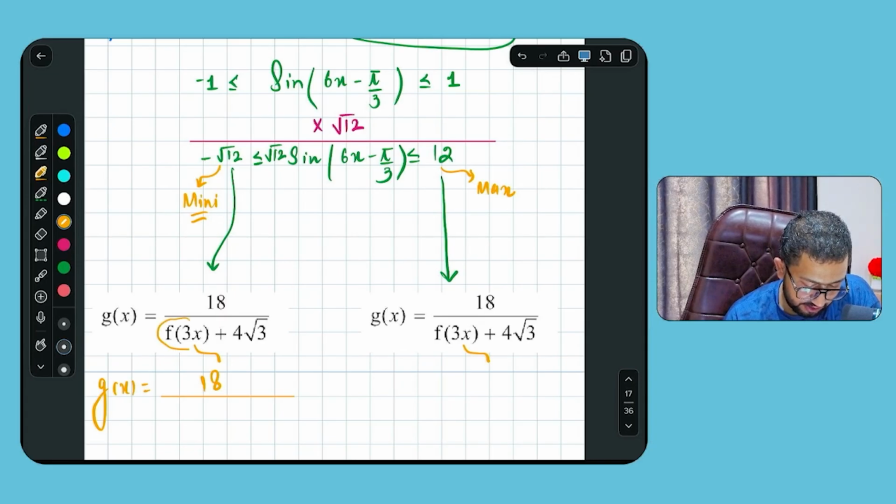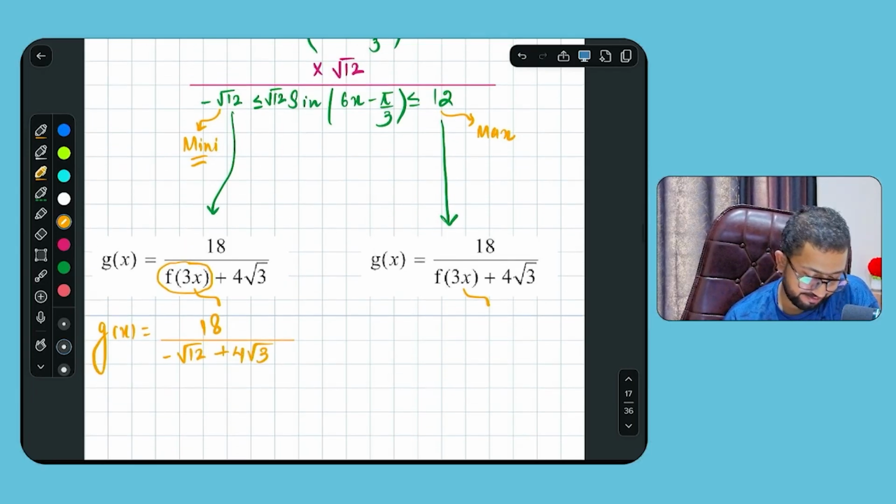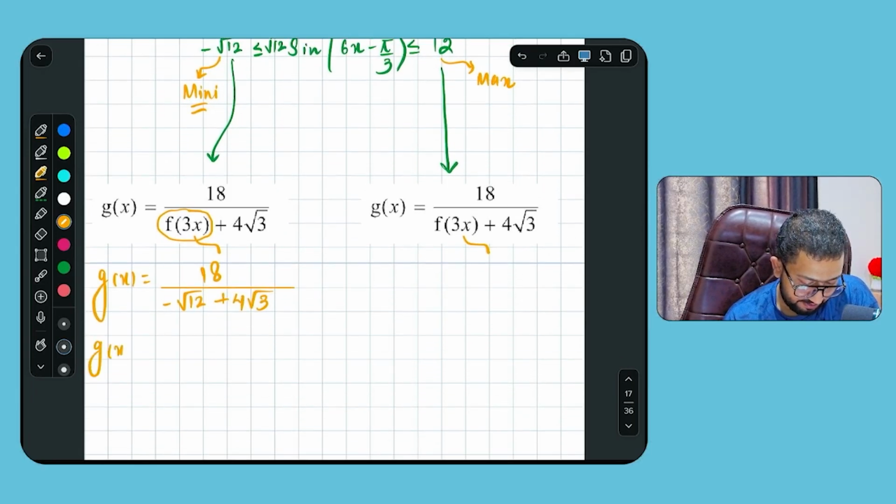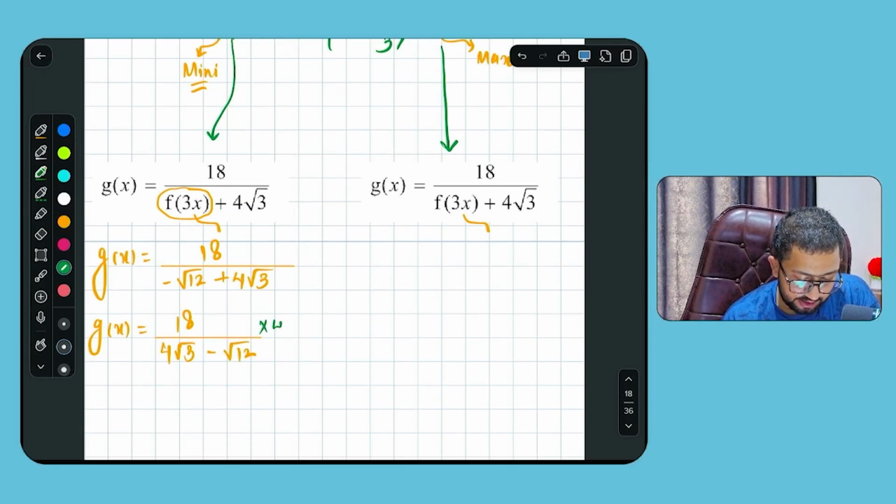So f of 3x has minimum value minus square root 12 plus square root 4 square root 3. He is talking about exact value, so do not try to use calculator. What can I do? I can rationalize.